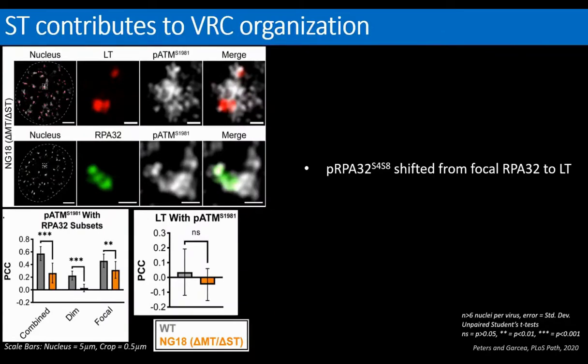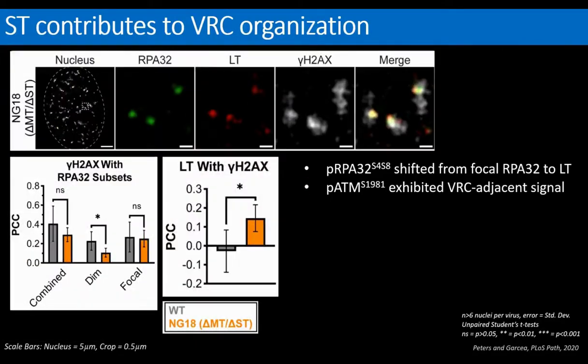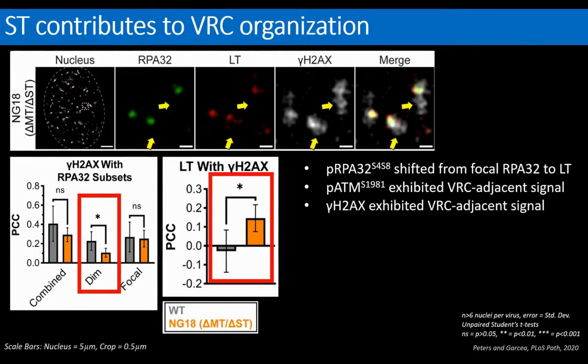Phospho-ATM, the DDR kinase, shifted slightly away from focal RPA32, but unexpectedly, I also observed regions of VRC-adjacent labeling that were not present in wild-type infection. Gamma-H2AX, the damage-associated histone, only shifted localization very modestly within VRCs, but I again observed regions of VRC-adjacent signal.